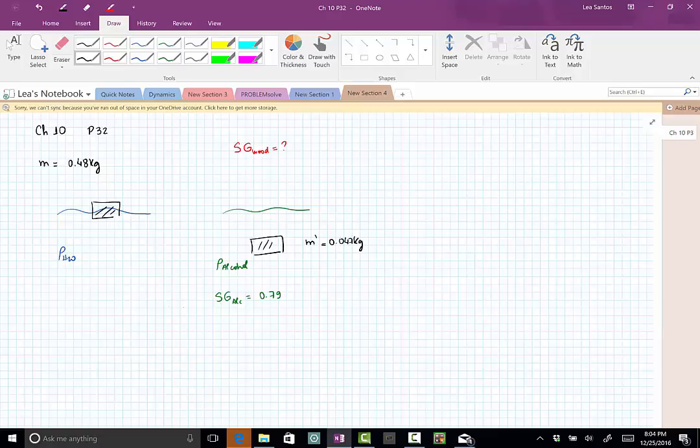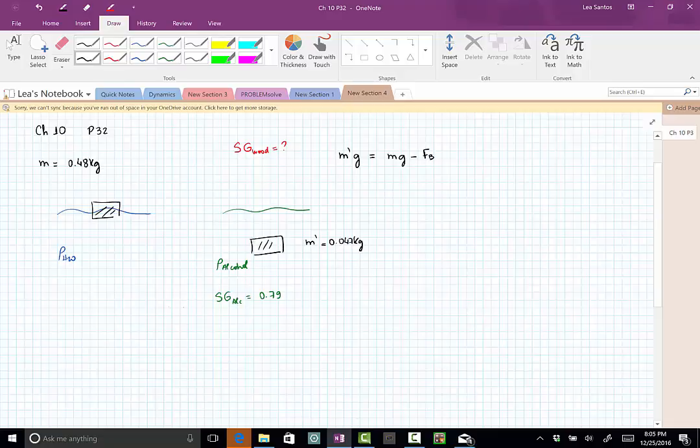Okay, so with that, we are going to move on and try to get the specific gravity of wood. I'm going to start from the right side, putting this wood in alcohol, because that's the part where we have lots of information. So what we know is that the apparent weight of this piece of wood in alcohol is this mass 0.047 kilogram multiplied by g, and this apparent weight is the real weight of the object, we know this real mass, minus the buoyant force, right?